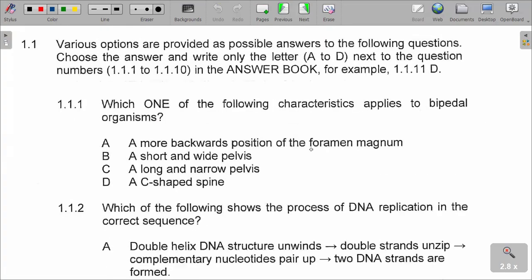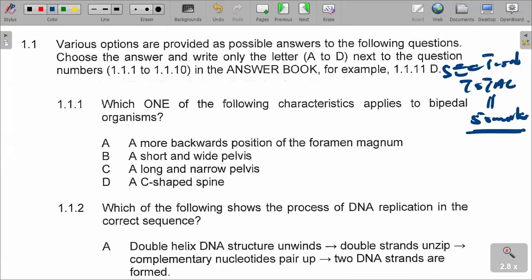So we are given question 1.1, where we are supposed to choose the correct answer. Multiple choice, I said Section A, class. Section A, we must get a total of 50 marks, not less than that.